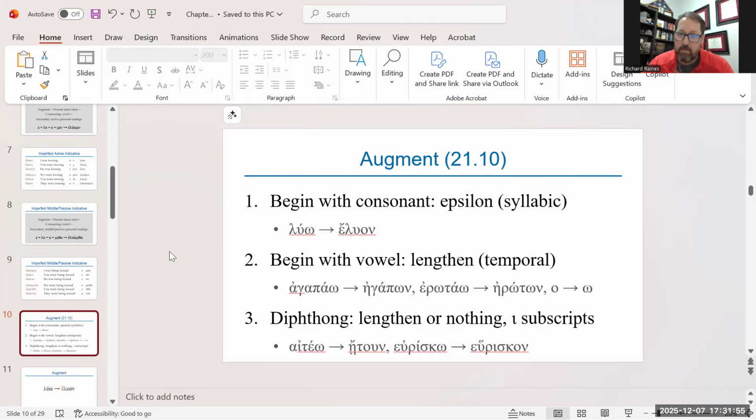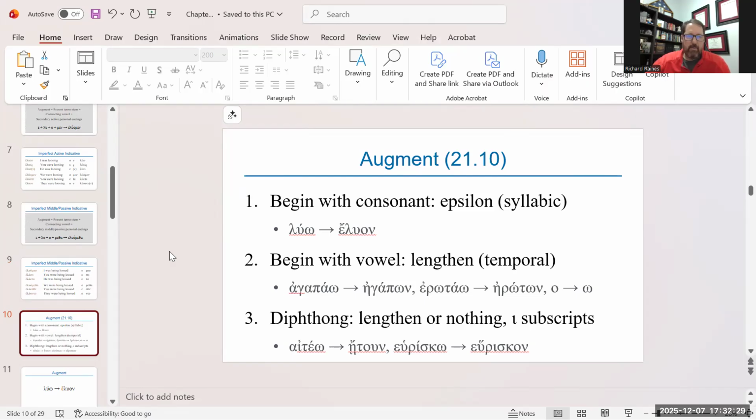I think the hardest one to recognize is going to be when the verb begins with a diphthong. I think that's going to be the toughest one for you, because I think everything else, if you say these words out loud, is going to ring true. So you're going to know that agapao and egapon, you're just going to be able to see it.